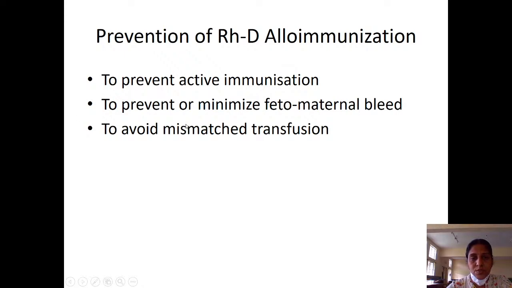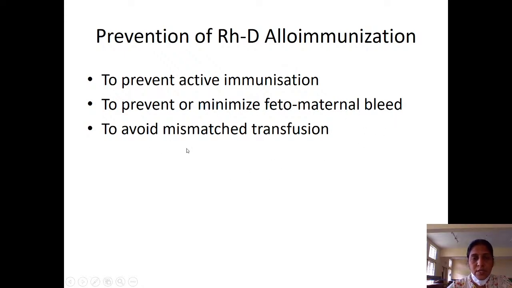Second thing we can do is minimize the fetomaternal bleed, because the more the fetomaternal bleed, the more the production of anti-D antibodies. So we have to take certain measures to minimize the fetomaternal bleed.